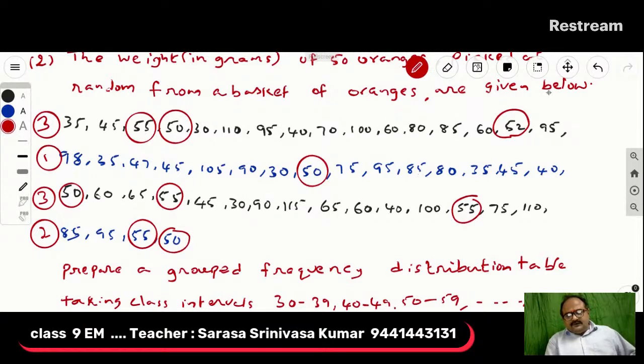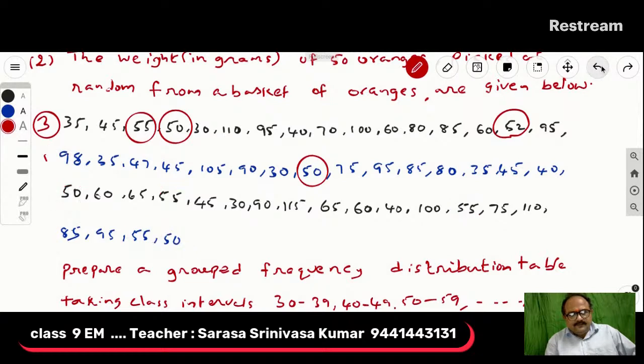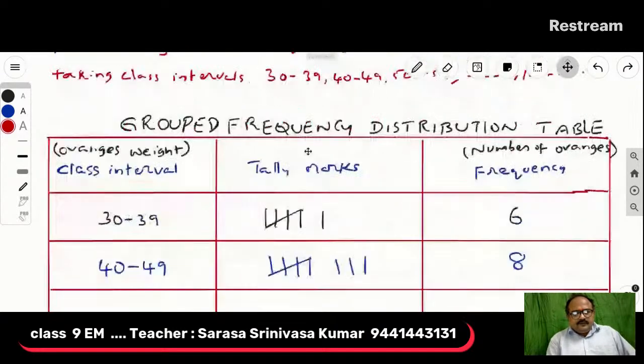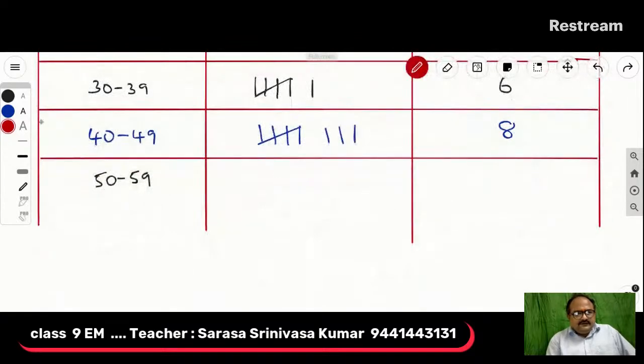So in this interval, we should write the frequency as 9.